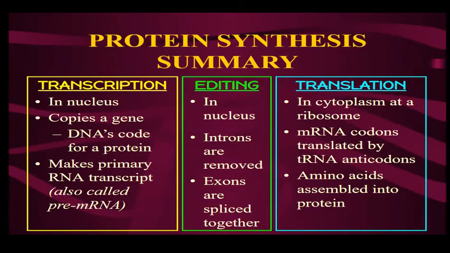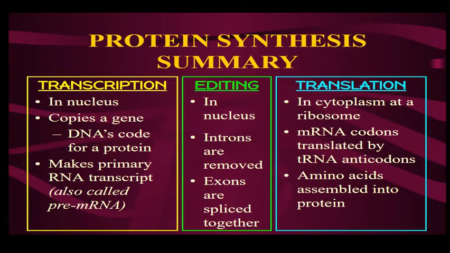So in summary, the process of protein synthesis has the 3 stages: transcription, editing or processing, and translation. Transcription occurs in the nucleus. It copies a gene, which is DNA's code for a protein, and it makes the primary RNA transcript, also called pre-mRNA.